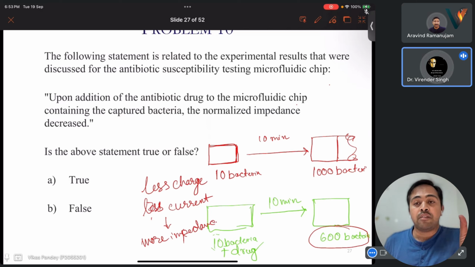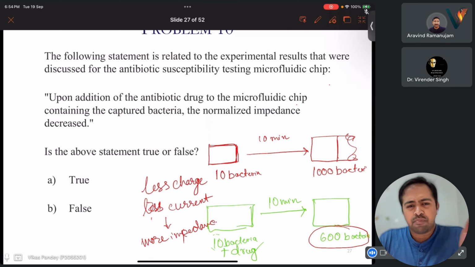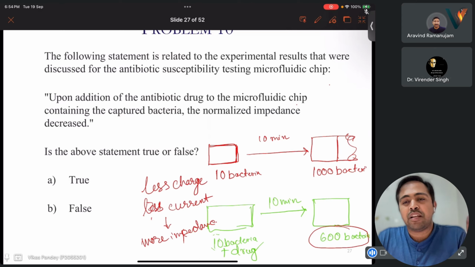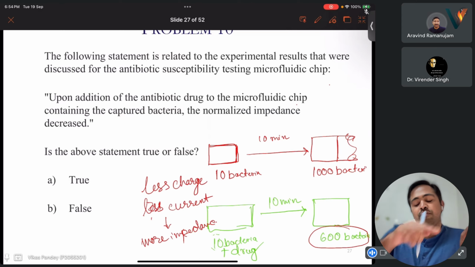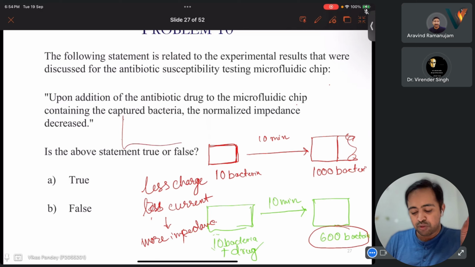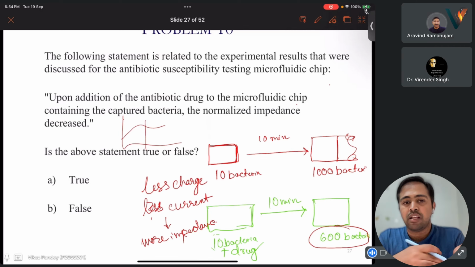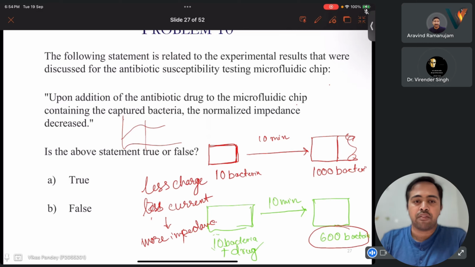Is there any relationship with frequency? Here we are mostly dealing with DC, so I think frequency will not have an effect. Not exactly DC, but suppose we are doing the whole experiment at one fixed frequency. If we change the frequency, we will get a different graph.